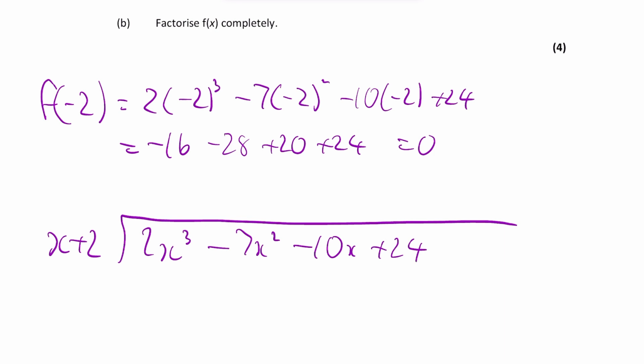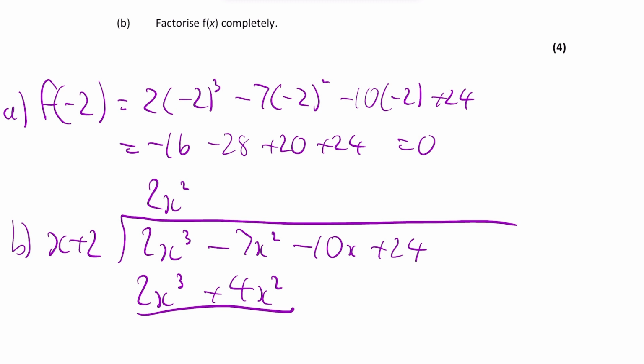So how many x's go into 2x cubed? It goes in 2x squared times. Then we times through by x squared, 2x squared, and we get 2x cubed add 4x squared. And then subtract to get negative 11x squared. And bring the minus 10x down.